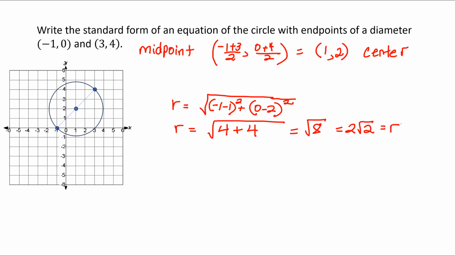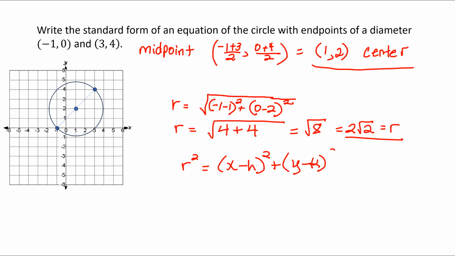And so we now have the center, (h, k), and we have the radius, which is 2 square roots of 2. And so we are going to write our equation of our circle, our standard form, which looks like r squared is equal to (x minus h) squared plus (y minus k) squared. So we're just going to fill in the numbers we have.